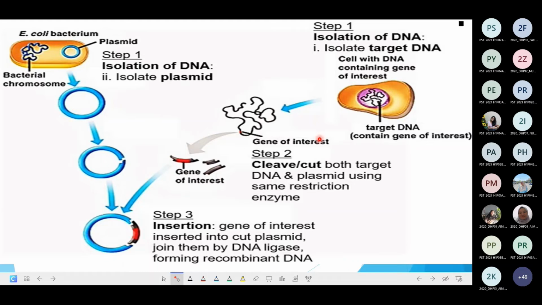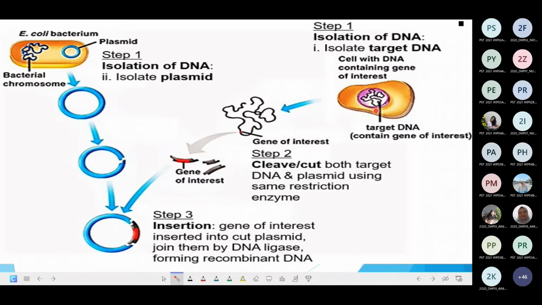We will start with the first tool. On the right, we will be focusing on the first tool, the target DNA, which will have the gene of interest. So the first thing that we need to do is isolate. Isolate means we take out, we remove the target DNA from the cell.